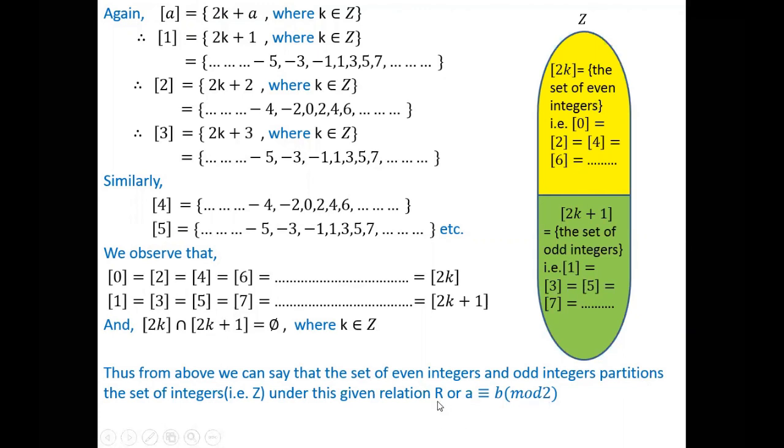This relation is a minus b is a multiple of 2. So from above, we can conclude that the integer set is partitioned into two: one is even integers and another is odd integers, and these two sets don't have any element in common between them. Okay, thank you.